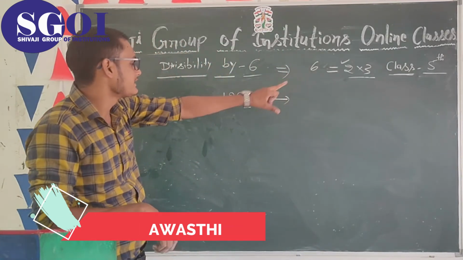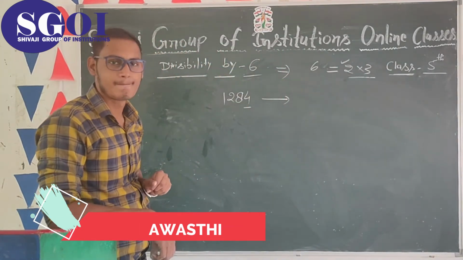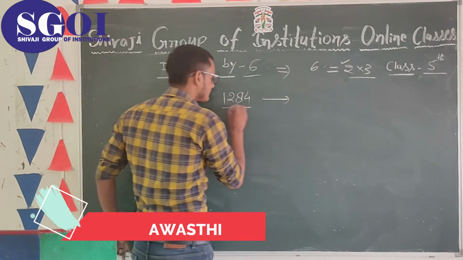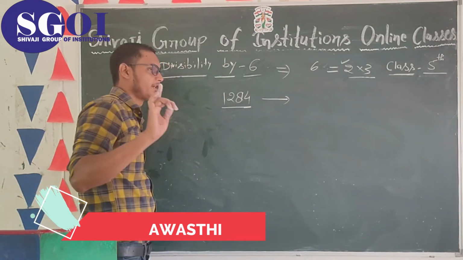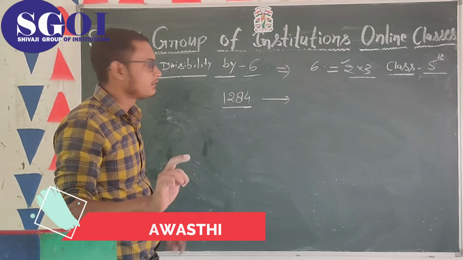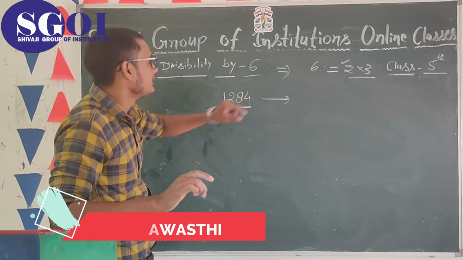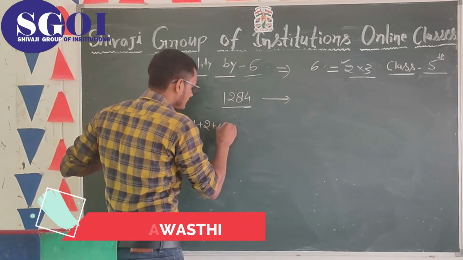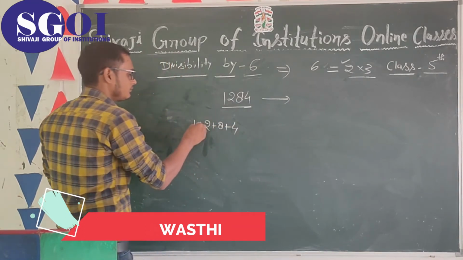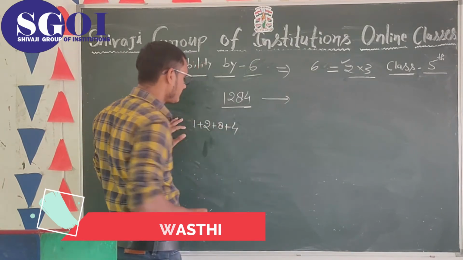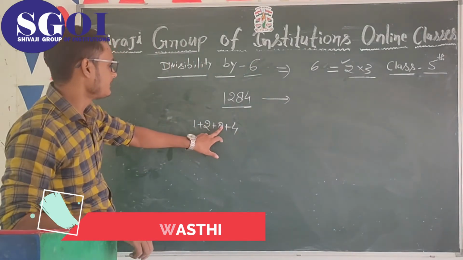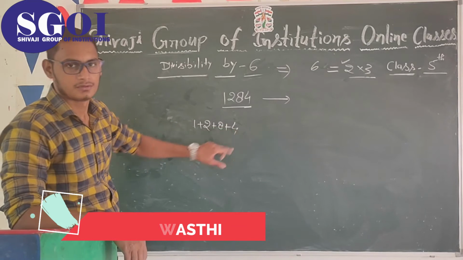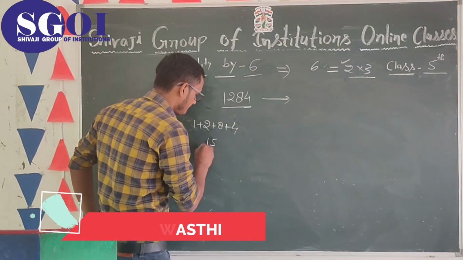Now find, is this number divisible by 3? The divisibility rule for 3 is that the sum of all digits is divisible by 3. 1 plus 2 is 3, 3 plus 8 is 11, 11 plus 4 is 15.